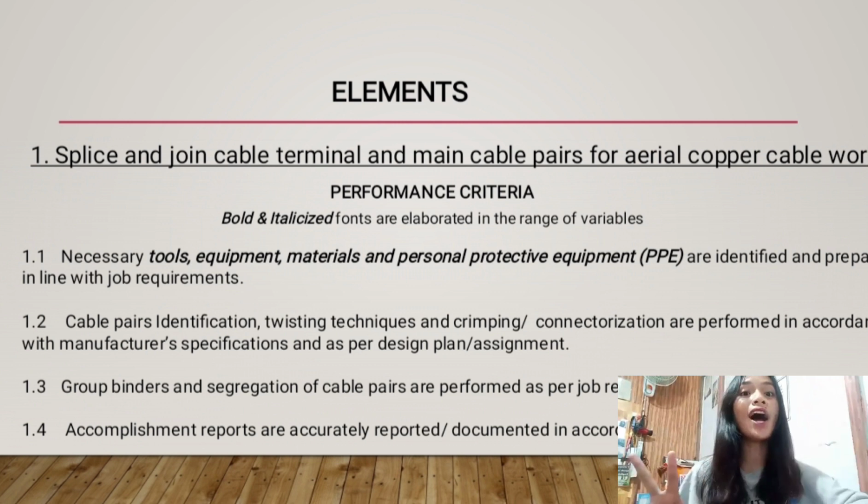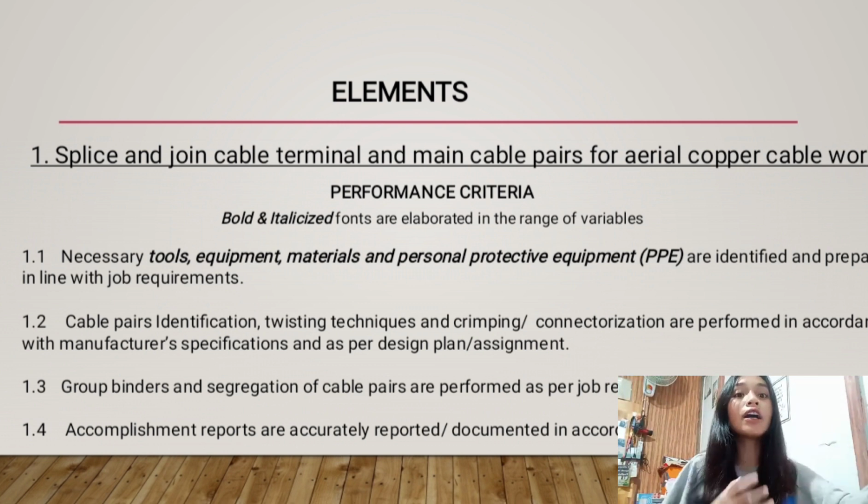The second is that cable pairs identification, twisting techniques, and crimping or connectorization are performed in accordance with manufacturer's specification and as per design plan or assignment. The third is that group binders and segregation of cable pairs are performed as per job requirements and assignment.